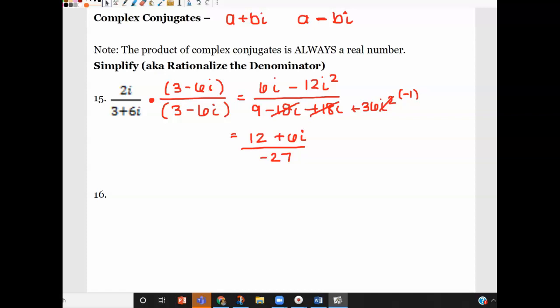You could divide everything by 3. And that would reduce to 4 plus 2i over negative 9. But if you're going to simplify, you have to make sure you simplify every part of the fraction, not just the 12 and the 27 or the 6 and the 27. Every piece has to be divisible by that 3.